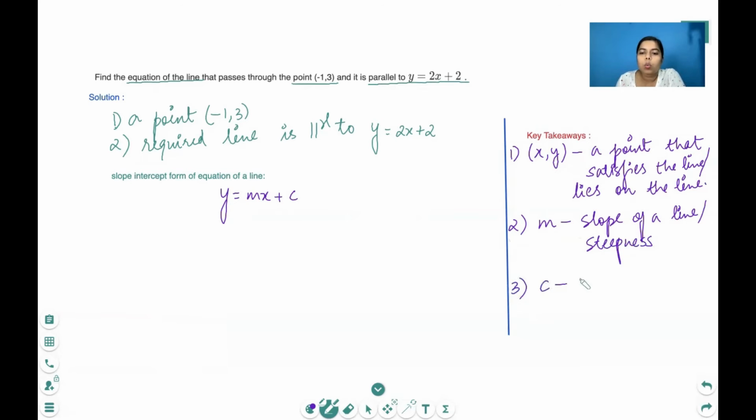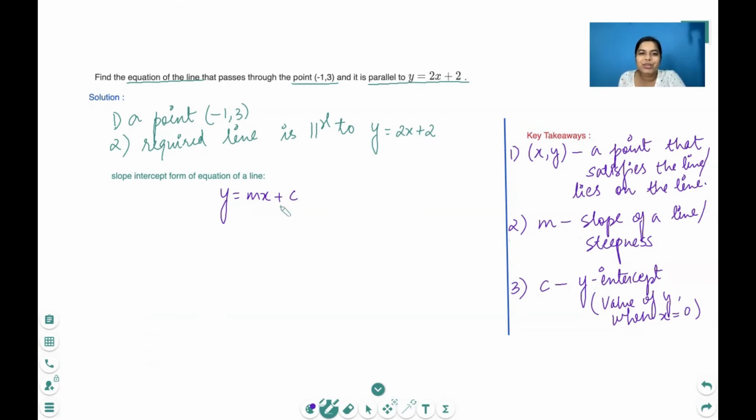It is called the y-intercept. Y-intercept is the value of y where x is 0. When we substitute x as 0 in this equation, we get y as c. So we have familiarized ourselves with the variables and constants in this equation.